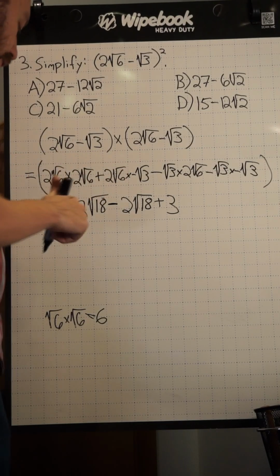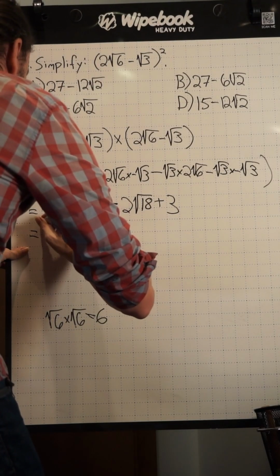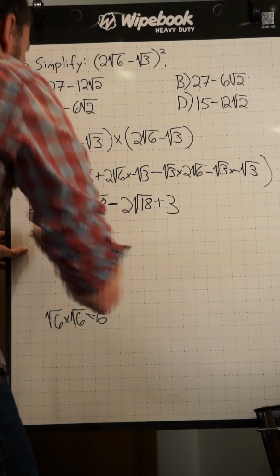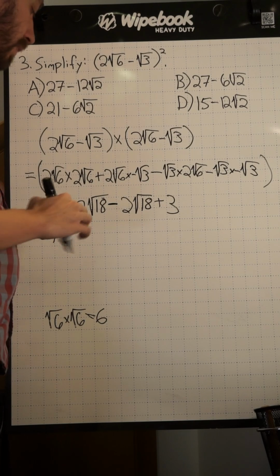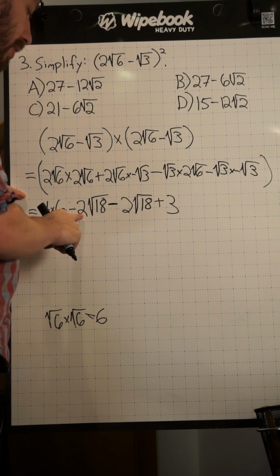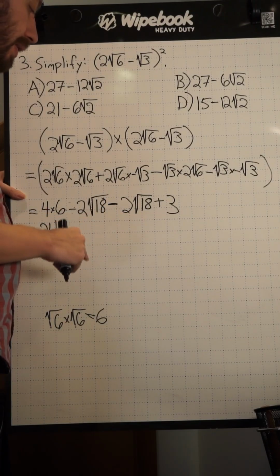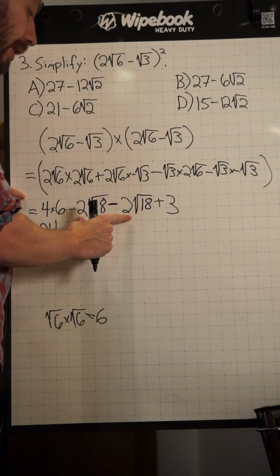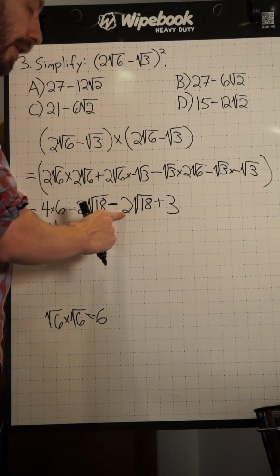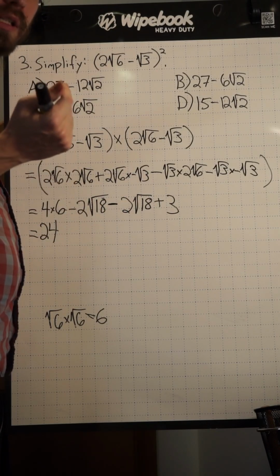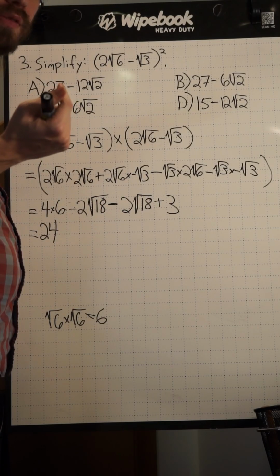So we have 4 times 6 is 24. We have minus 2 square root of 18 minus 2 square root of 18, right? So let's look at the coefficient for these. We have minus 2 and minus 2. So then if we just had minus 2 and minus 2, what will that give us?